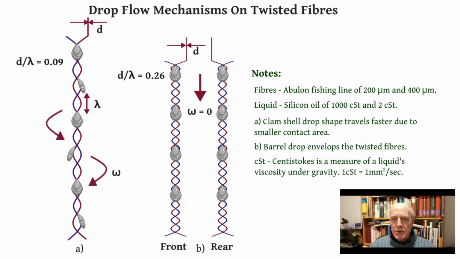So on to the current research which I'm discussing in this video. That work has looked at how water flows down a twisted pair of fibres. And most of the detail that was carried out in that research is shown in this first slide.